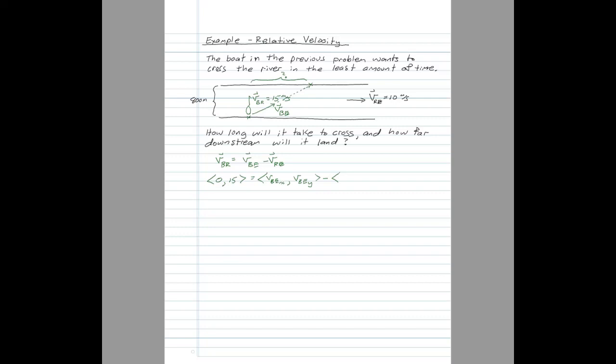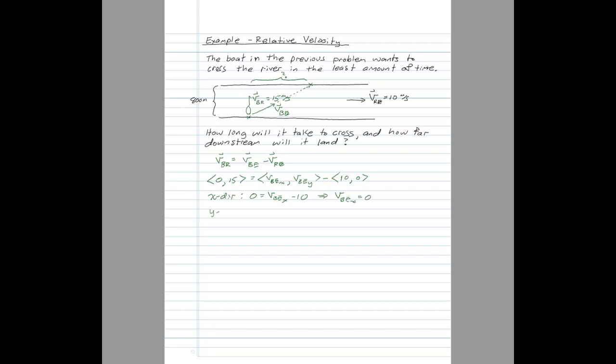That's all in the x direction, 10 and then 0. So we write the two equations for this. Say the x direction equation. That's 0 equals VBEX minus 10. And we can immediately see that VBEX is 10.